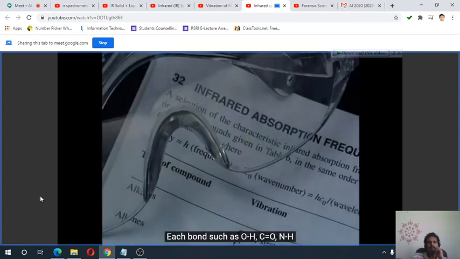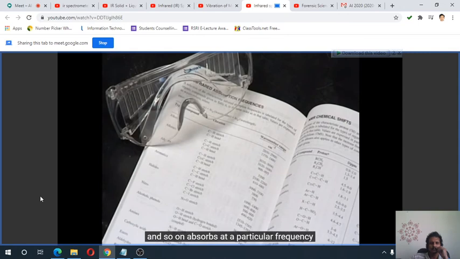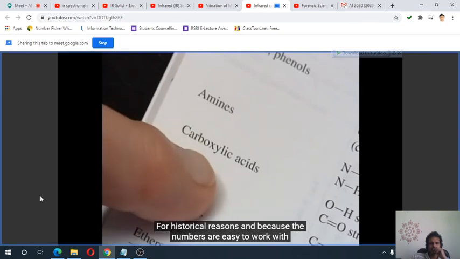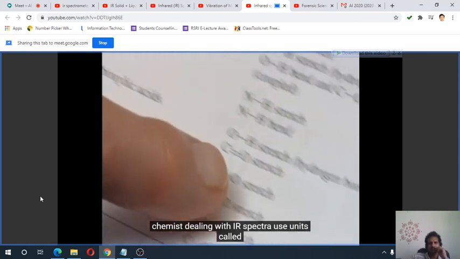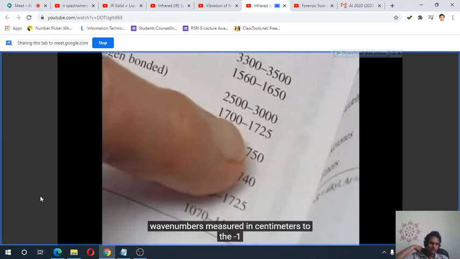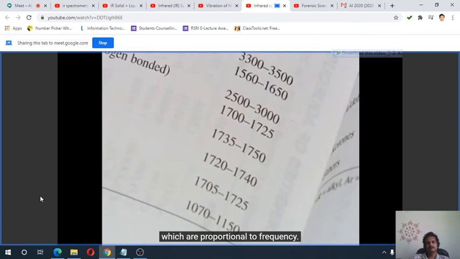Each bond, such as OH, C double bond O, NH, and so on, absorbs at a particular frequency, and this allows it to be identified. For historical reasons, and because the numbers are easy to work with, chemists dealing with IR spectra use units called wave numbers, measured in centimeters to the -1, which are proportional to frequency.